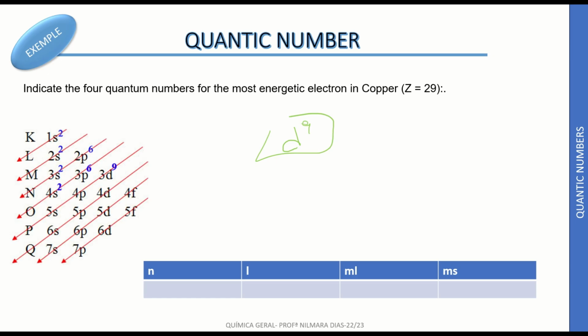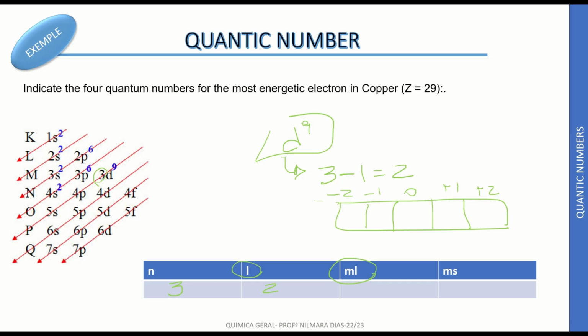So N is in the 3, so it will be 3. And L will be D, which is 3 minus 1, which is 2. And ML, remember, we have from -2, -1, 0, +1 to +2. I have 9 electrons to distribute here: 1, 2, 3, 4, 5, 6, 7, 8, 9.